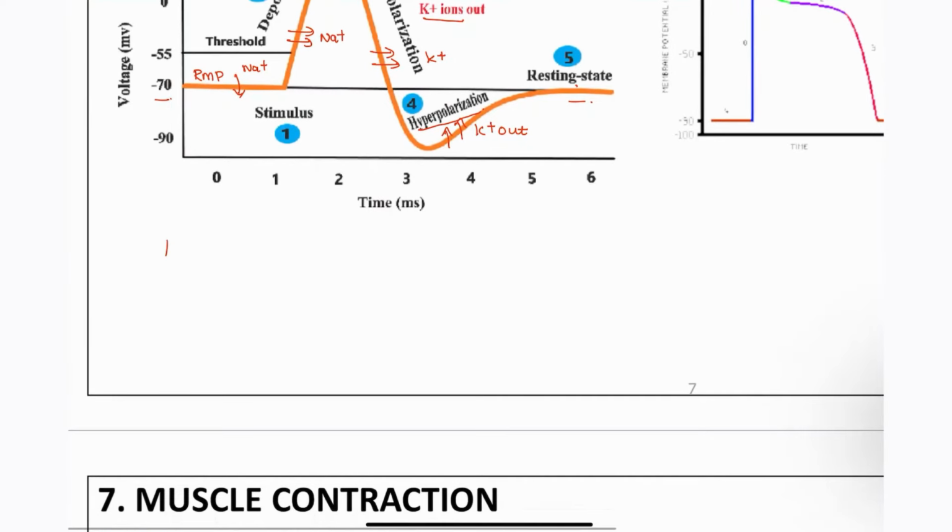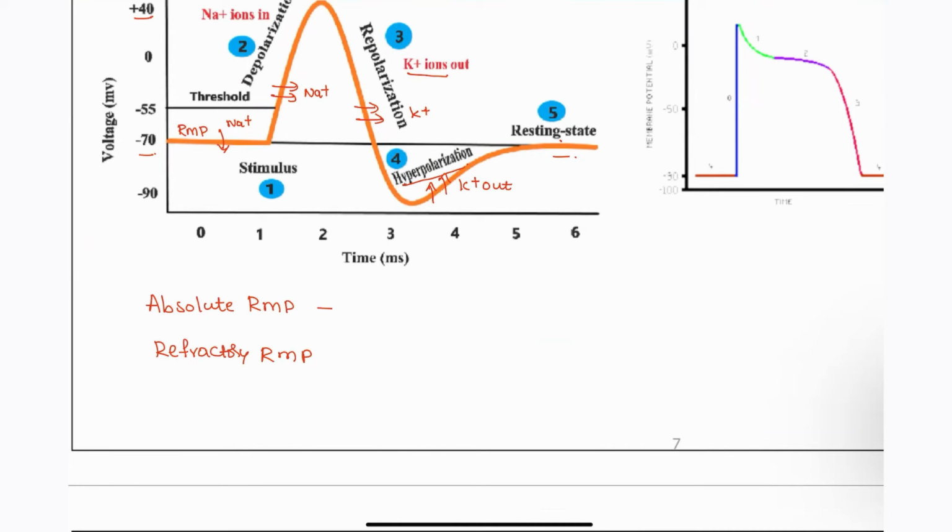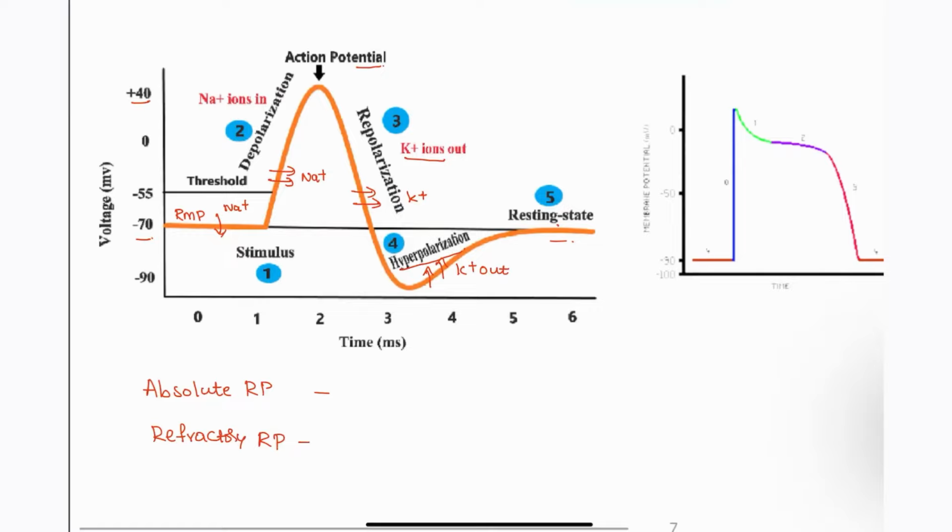Next, we have the absolute refractory period and also the relative refractory period. Okay, take note, this is the refractory period I'm talking about. So what is meant by the refractory period? This is in the depolarization stage, and here the repolarization stage.